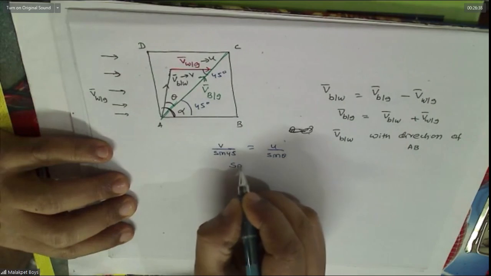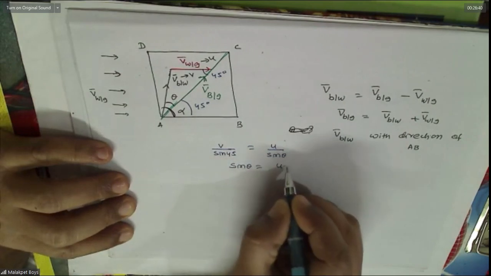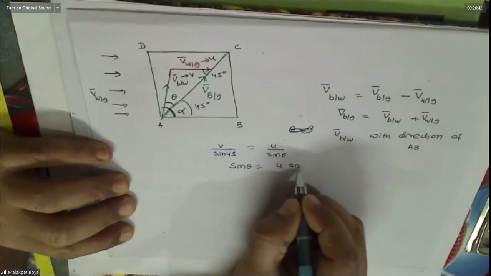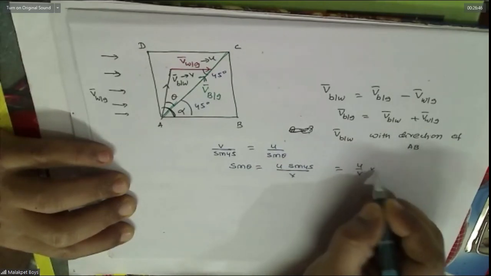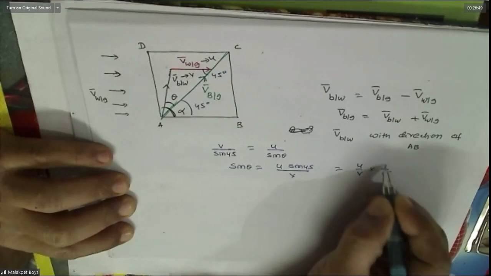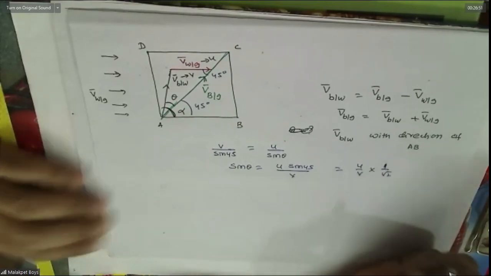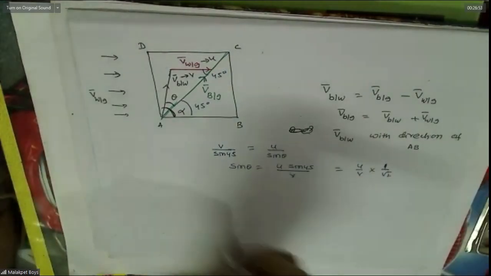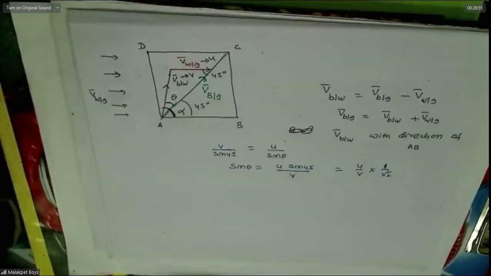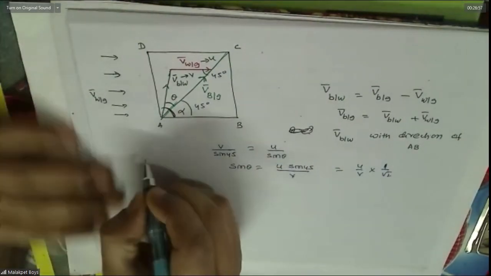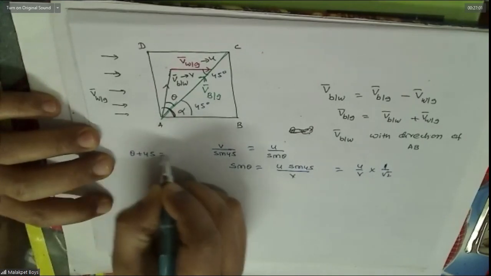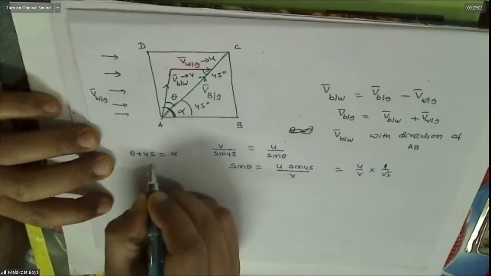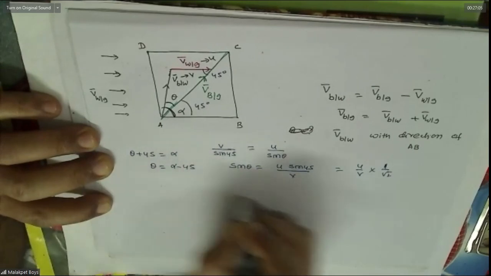So sine theta is U into sine 45 by V, which is U by V into 1 by root 2. Do you agree? And what is theta? If you observe this diagram, theta plus 45 is alpha. So theta is alpha minus 45.